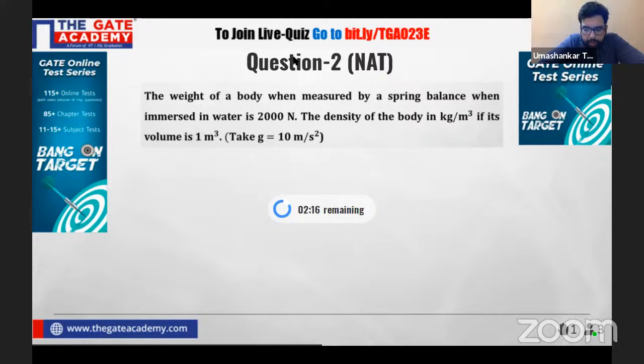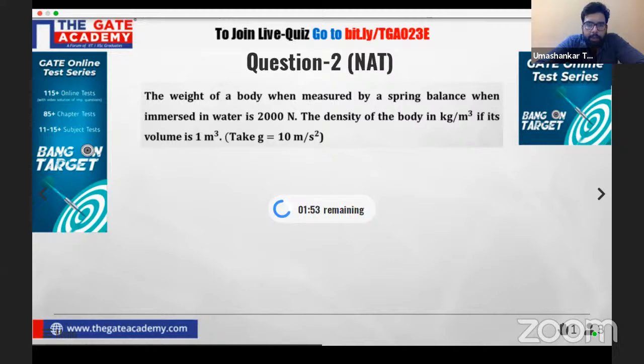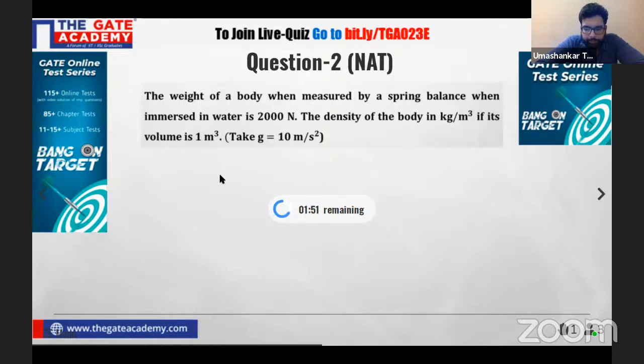Okay, so we got one answer. Very quickly, some of you have given. Keshav, Gautam and Rohit, please answer. It is a very simple question. We have seen buoyancy, and now we know how to solve buoyancy questions. I'm very certain that we can do it. Please go for it.